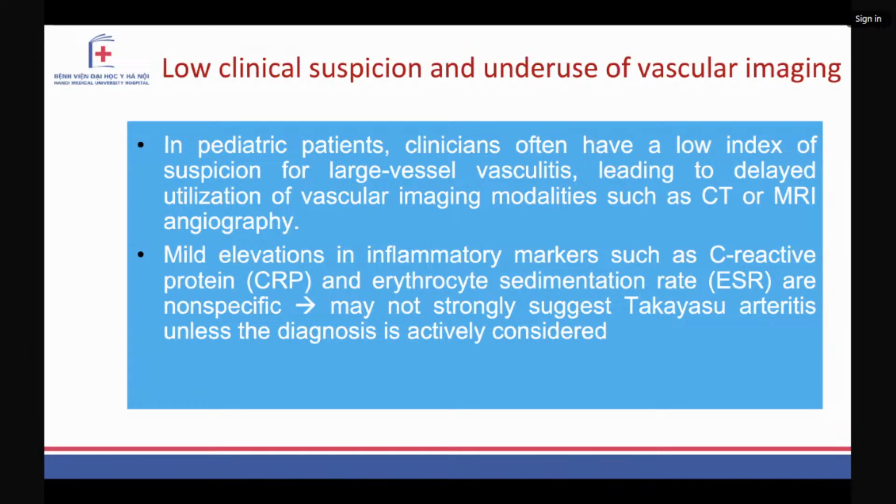In pediatric patients, pediatricians often have a low index of suspicion for large vessel vasculitis, leading to delayed consideration of vascular imaging, such as CT or MRI angiography, and elevations in inflammatory markers such as CRP or ESR are non-specific, so they may not strongly suggest Takayasu arteritis unless the diagnosis is actively considered.